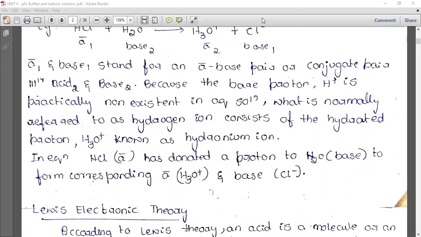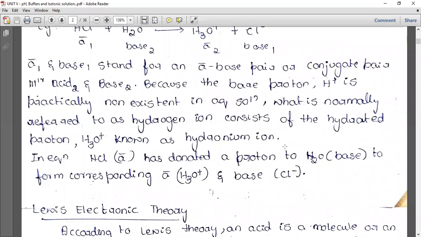Sorry, I was talking about the strength of the solvent. The same acid which we call a strong acid, when we add it into a solvent like glacial acetic acid, becomes a weak acid.